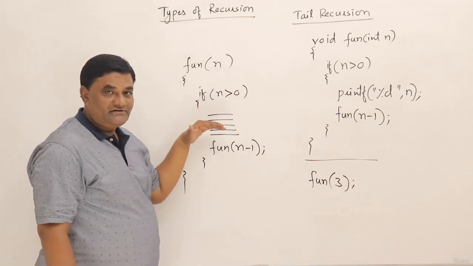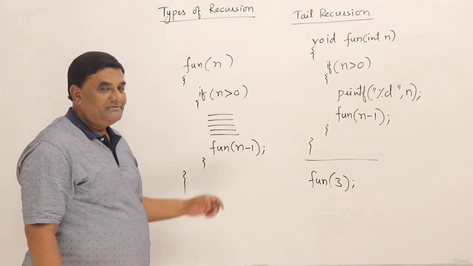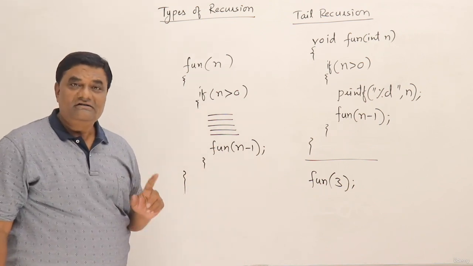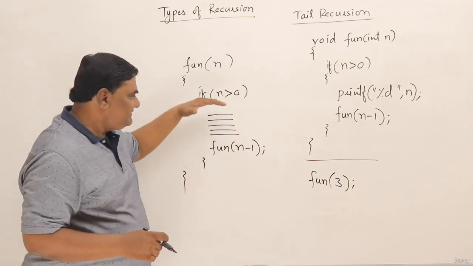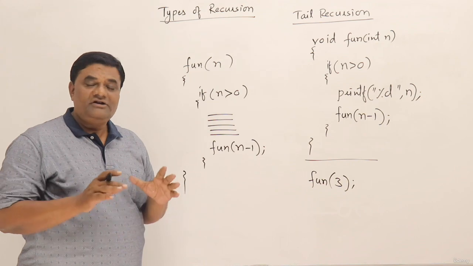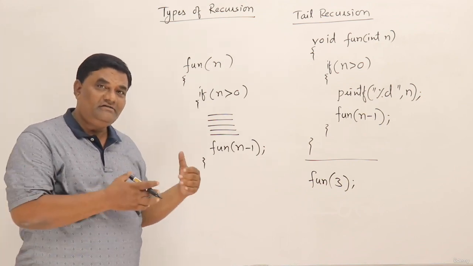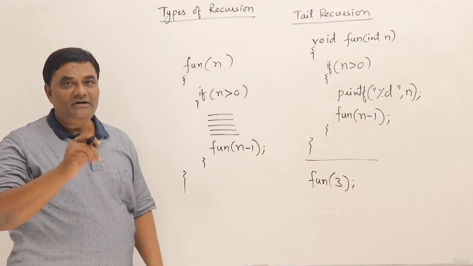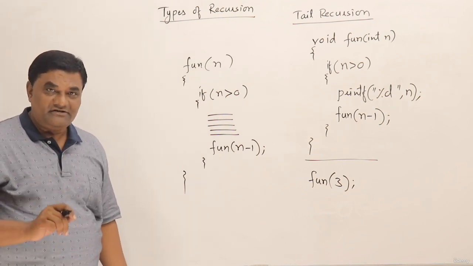All those things it finishes, then it makes a call to itself. If it's the last statement, then it is called tail recursion. This means that all these operations are performed at calling time only, and the function does not perform any operation at returning time. Everything is performed at calling time only. That's why it is tail recursion.